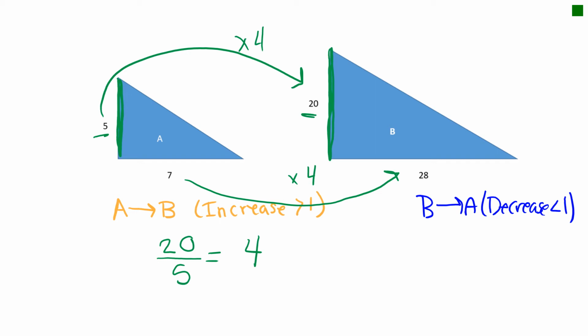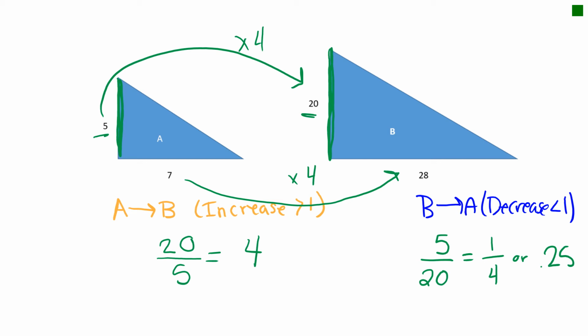Now let's say we wanted to go backwards. So I decrease. So what I would do is I would take my smaller corresponding side over my large. And on my calculator, you can reduce it, so you would have 1/4, or you could leave it as 0.25. Either will work.